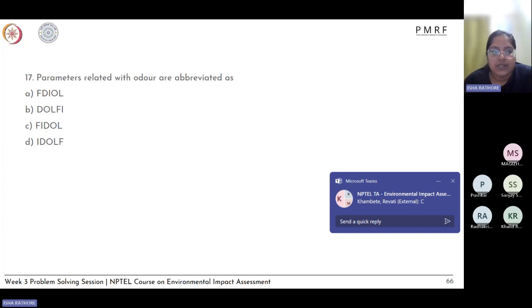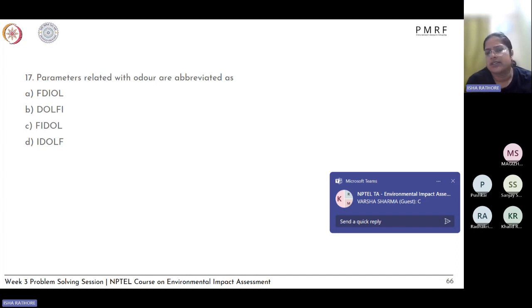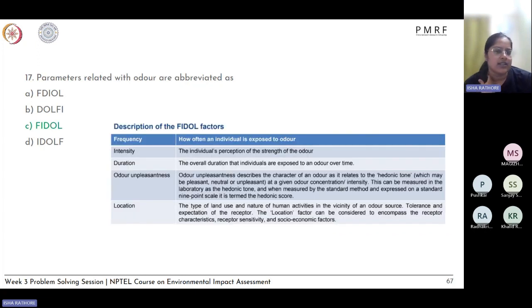So we had frequency, intensity, duration, location, and odor unpleasantness. Okay, so we have C as answer. So C is the correct answer. So these are FIDOL factors. So it's frequency, intensity, duration, odor unpleasantness, and location, each with a description. So this is how you measure odor in a particular space.